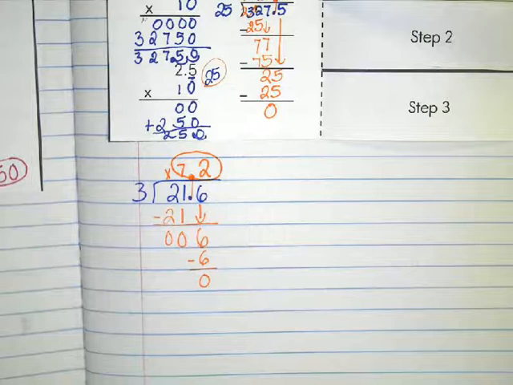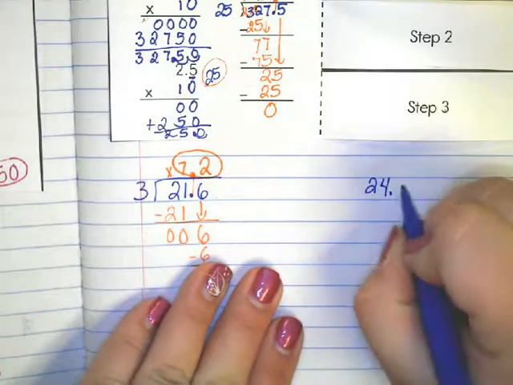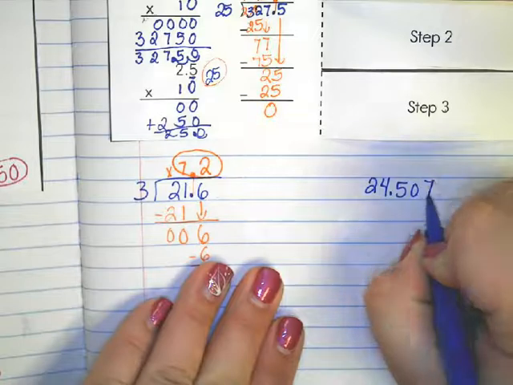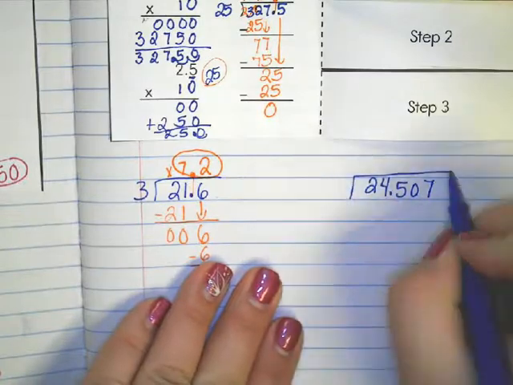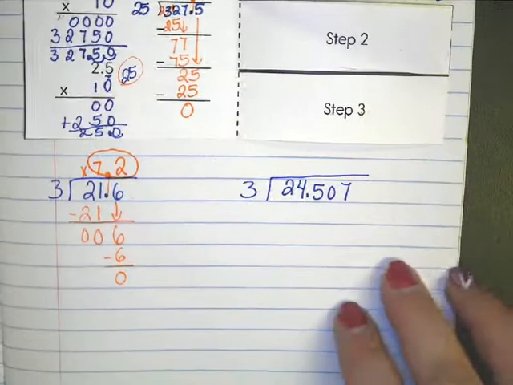Okay, let's try another one. Let's try 24.507 divided by 3 again.